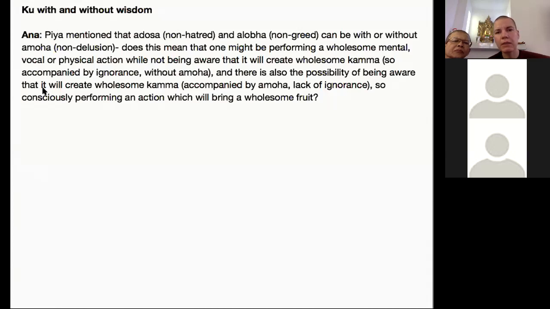Does this mean that one might be performing a wholesome mental, vocal, or physical action while not being aware that it will create wholesome karma? So, accompanied by ignorance, without amoha. And there is also the possibility of being aware that it will create wholesome karma, accompanied by amoha, lack of ignorance. So, consciously performing an action which will bring a wholesome fruit.